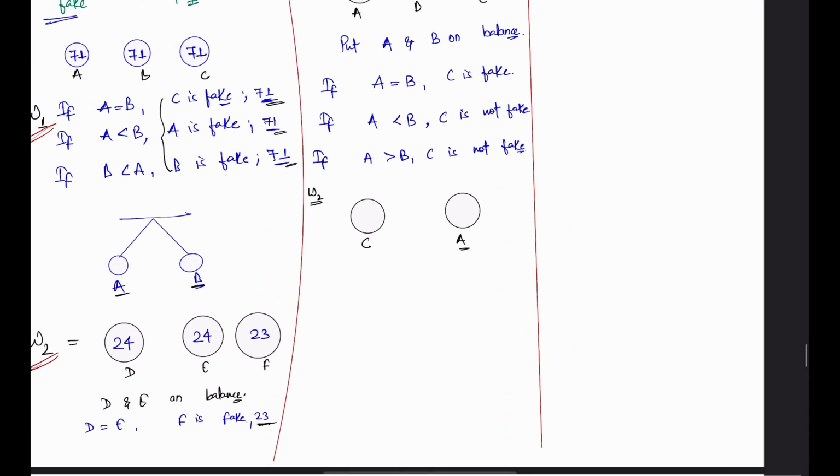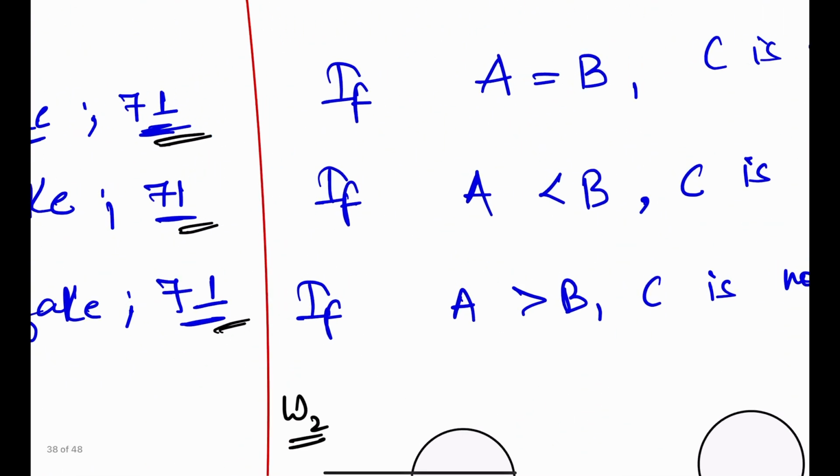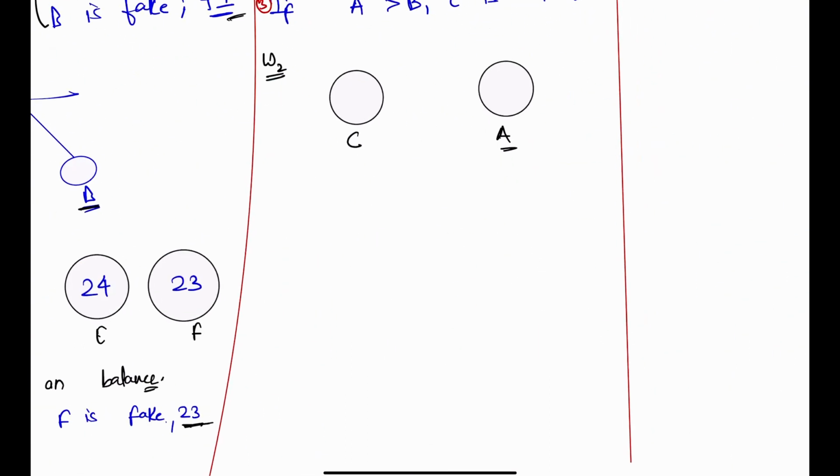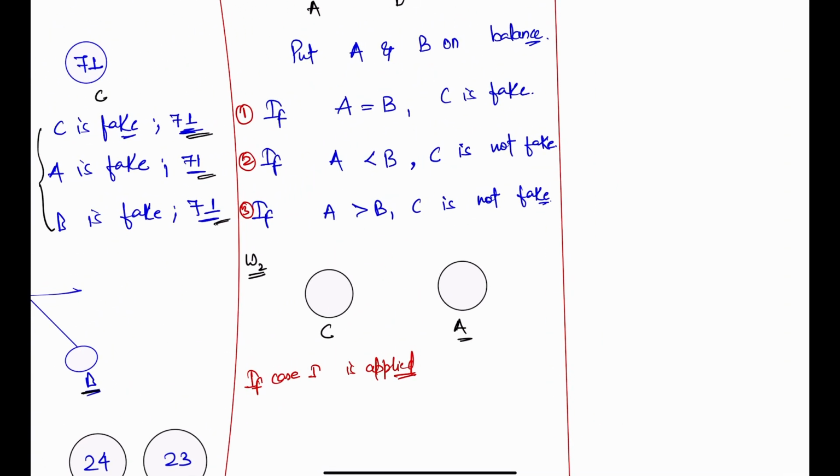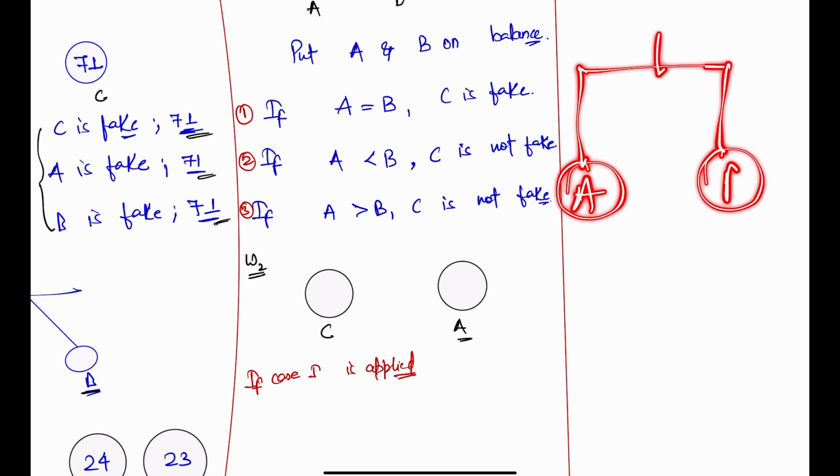Okay, so let's just call it case 1, case 2, case 3. So if case 1 is applied, what is case 1? Case 1 is saying that A is equal to B. When we weigh, we found that these 50 coins of A and B are of equal weight.